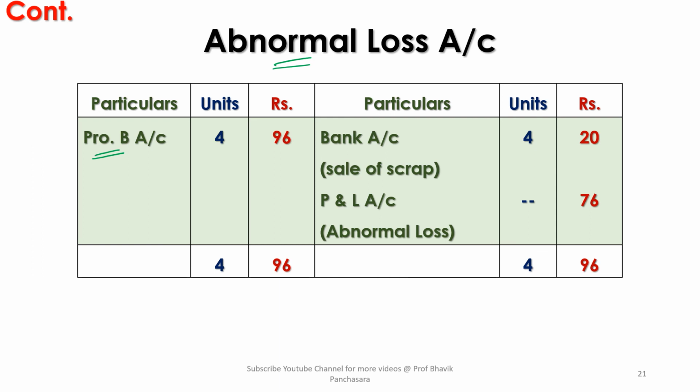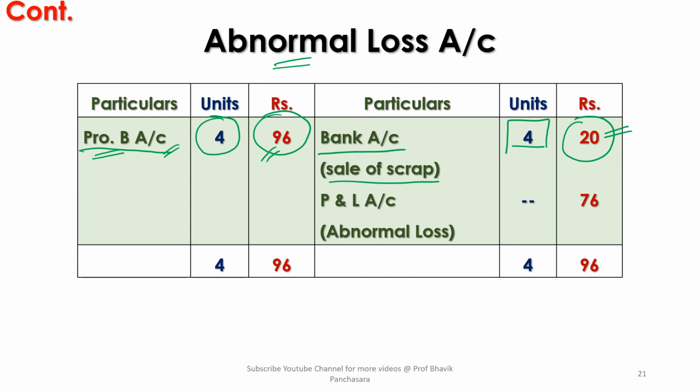So in abnormal loss account, process B, we have to show on the debit side the same 4 units and the same value, that is 96. Now on the credit side we will sell these 4 units at scrap value. So for process B the scrap value of normal wastage unit was 5 rupees per unit. So the same we will apply here, the 4 units we will sell at the rate of 5 rupees. So here we will receive 20 rupees. This is sale of scrap.